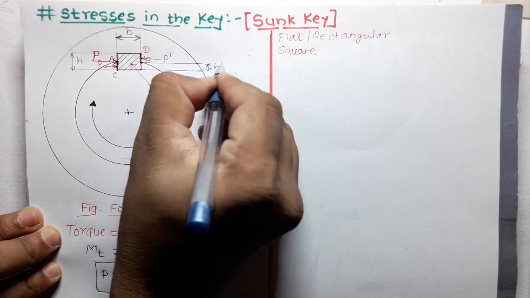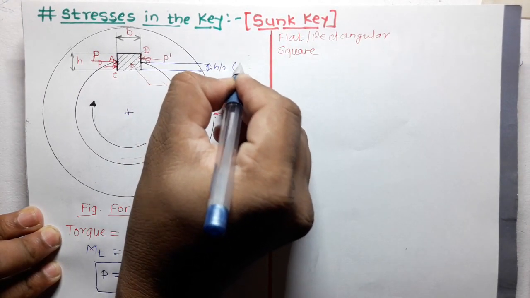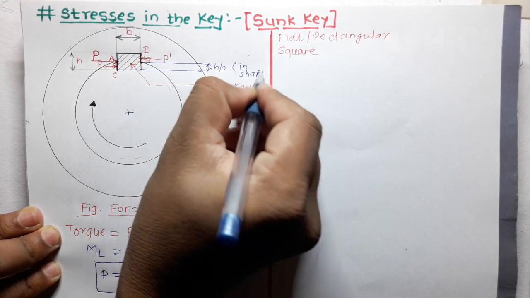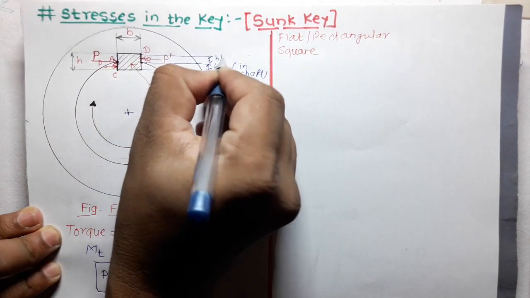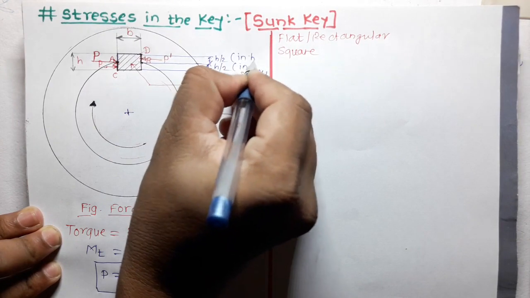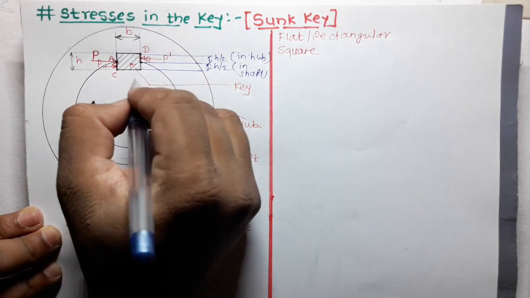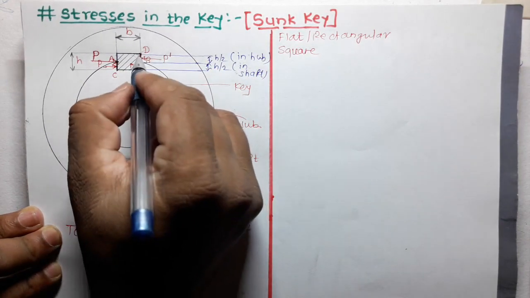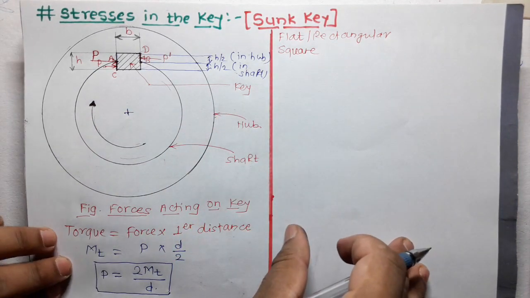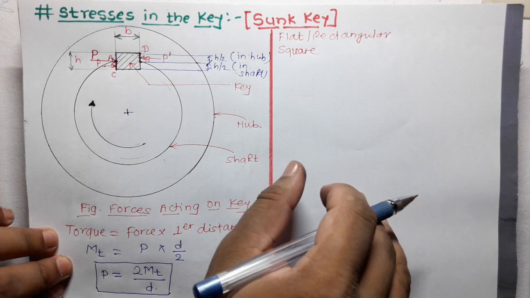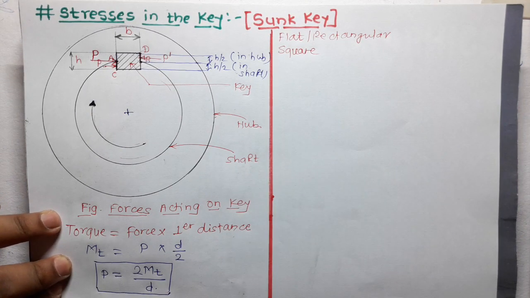So this h by 2 will be in the shaft, and the remaining h by 2 will be in the hub. By considering this, we will consider two stresses, shear stress and crushing stress in the key, and let us draw the diagram for both the stresses.